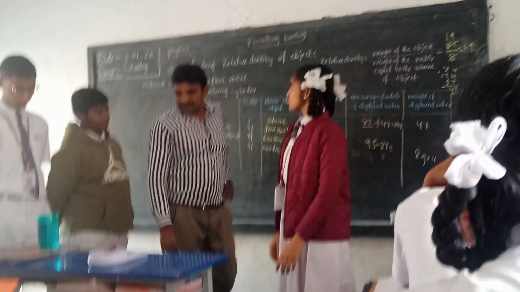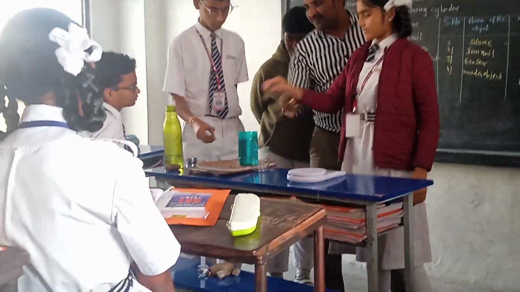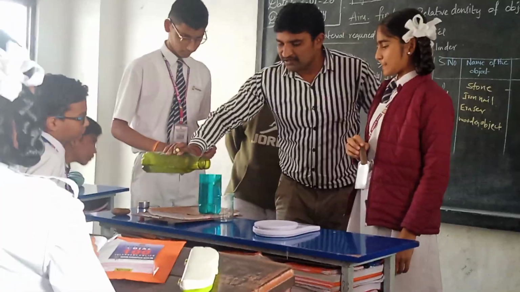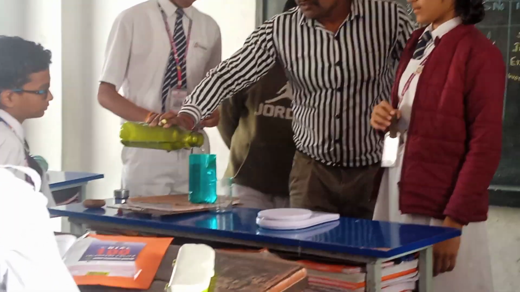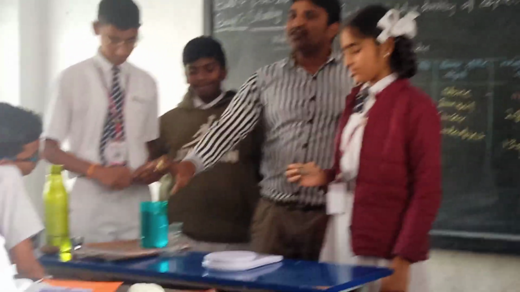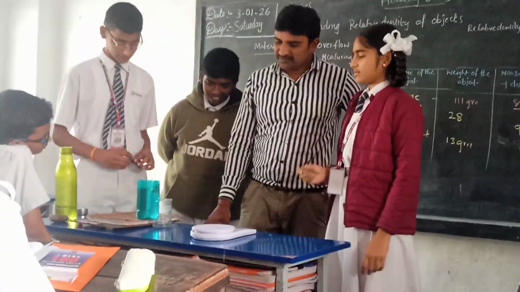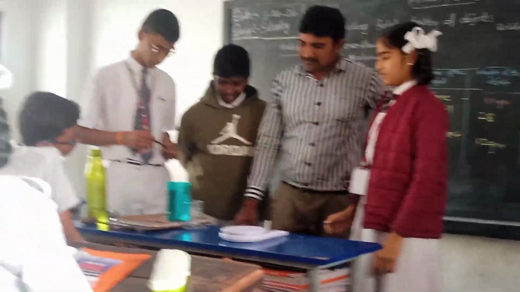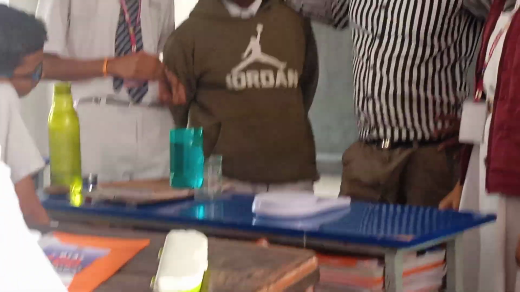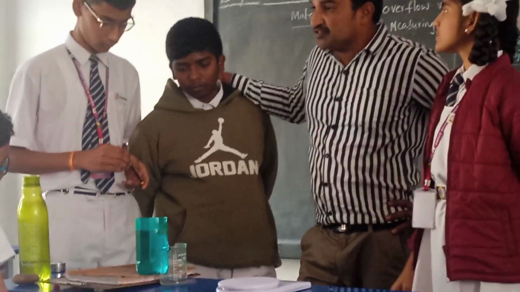Next, drop the wooden object into the water. First, pour some water into the overflow vessel until dripping starts from the beak of the overflow vessel. When the dripping stops, we start the activity.